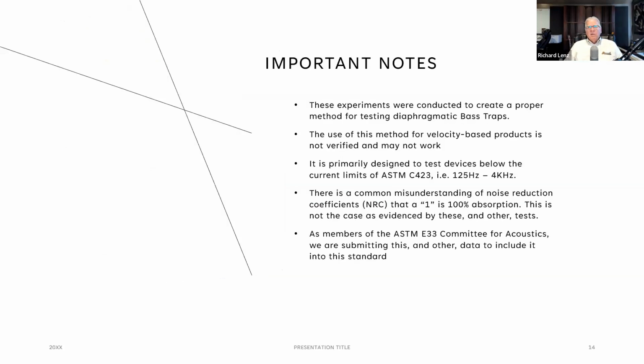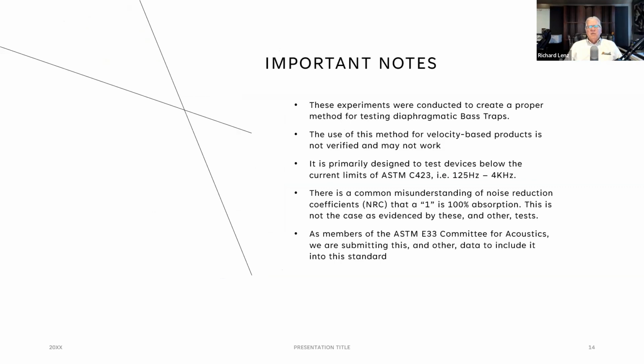Some important notes to make, and this isn't for you necessarily, John, as it is for the person who may not be as attuned or as educated in this work. These experiments were conducted to create a proper method for testing diaphragmatic bass traps.